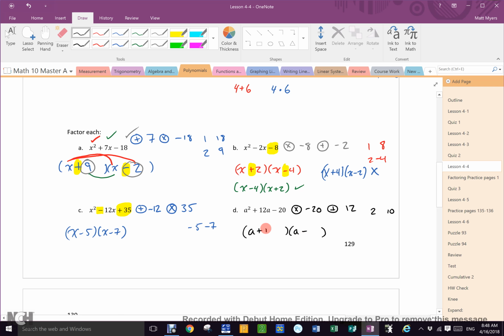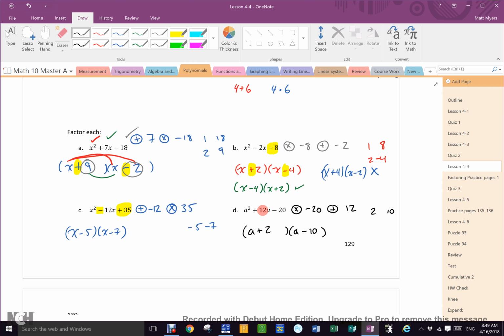If I make that 10 and I make that 2, what's 10 minus 2? 8. I need 12. It's plus 2 minus 10. Isn't it? Except, is it? What is 2 minus 10? Minus 8. What do I need? 12. So it can't be 2 and 10, can it?